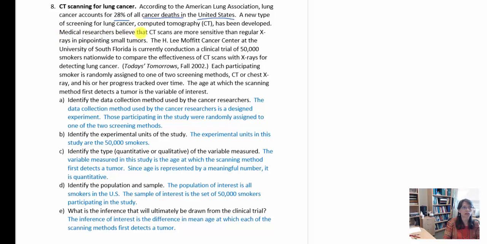Medical researchers believe that CT scans are more sensitive than regular X-ray in pinpointing small tumors. The H. Lee Moffitt Cancer Center at the University of South Florida is currently conducting a clinical trial of 50,000 smokers nationwide to compare the effectiveness of CT scans with X-rays for detecting lung cancer.